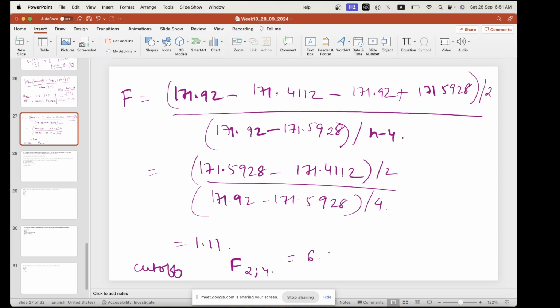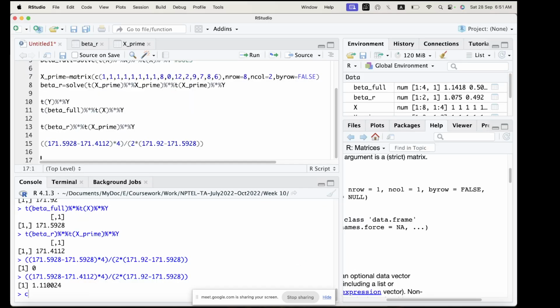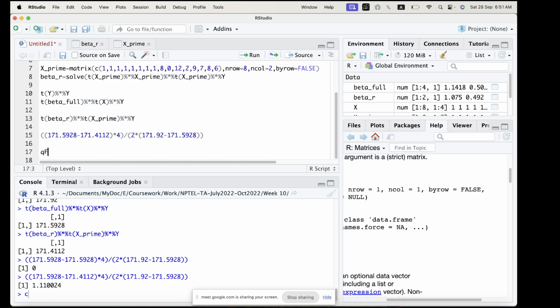So this should be 6.944. If we want to get this from R, how will we get it? We'll have to write qf, okay, and then 0.05, lower.tail equal to FALSE, and df1 equal to 2, df2 equal to 4.